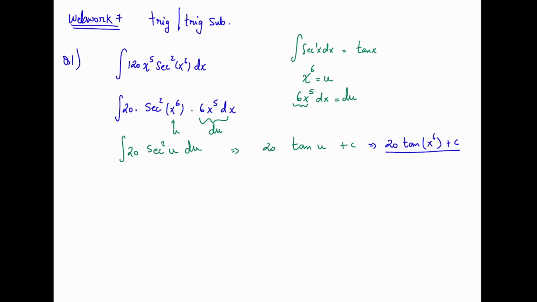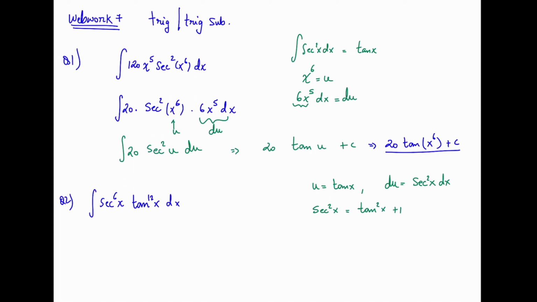Alright, let's go to the next one, question number 2, with tan to the 12x. For this integral, I need to keep in mind that if I plug in u as tan x, then I need a secant squared x dx to carry on, and that secant squared x can be written as tan squared x plus 1.